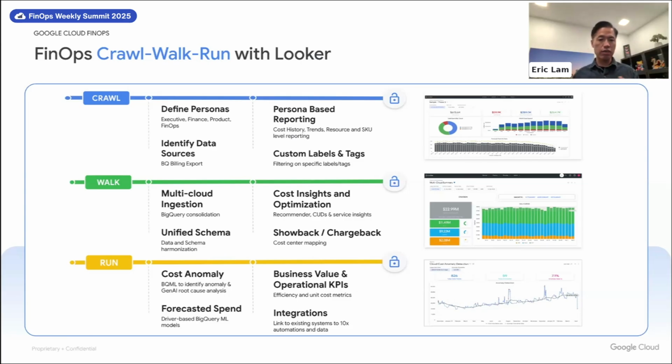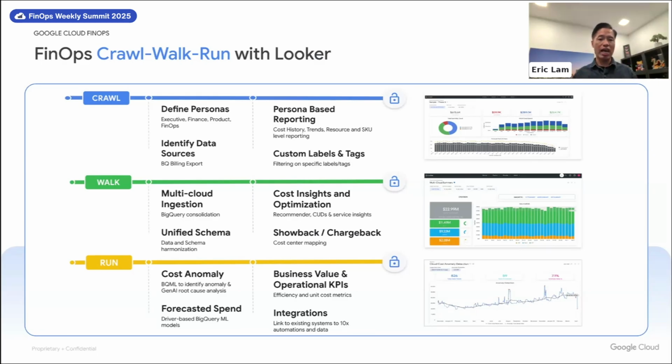That's when you start creating that unified schema with FOCUS, and create the data pipeline for ingesting historical data and new data. How do you amend all that? Then creating some insights. Once you have the data across the clouds, you can do cost allocation, showback and chargeback. That's the second evolution of maturity of your tooling.